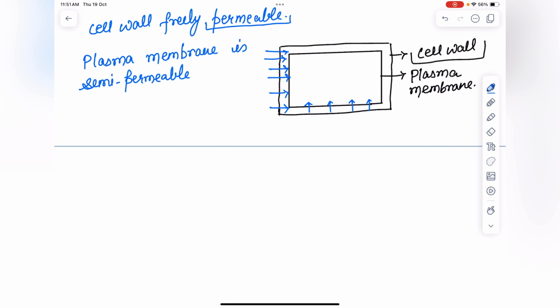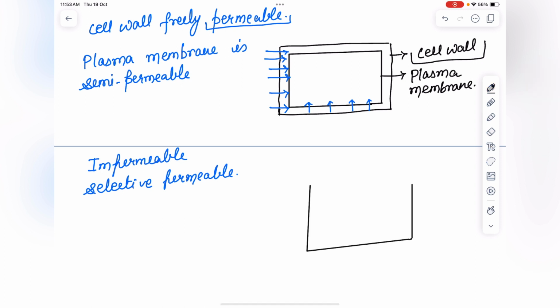That is called semi-permeable. There are different types of membranes: freely permeable, and impermeable, through which nothing will pass. Then selective permeable, where some selective molecules, solutes and solvents will pass. So we'll see what happens in osmosis.